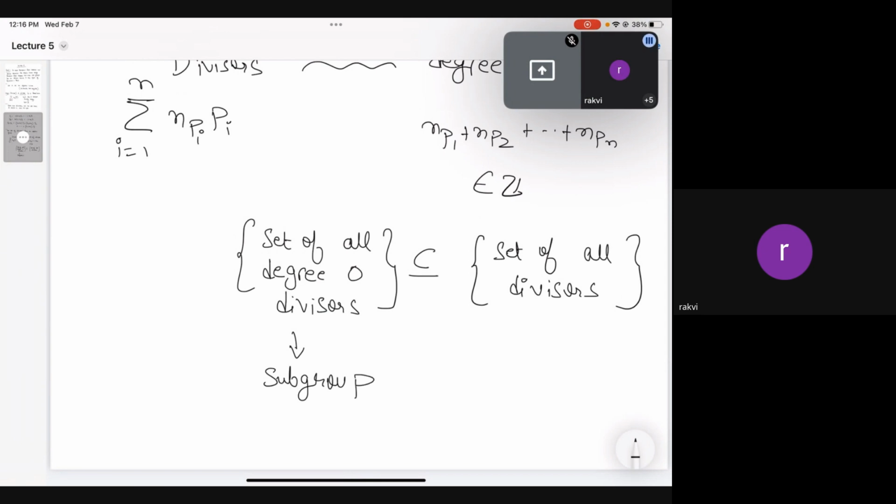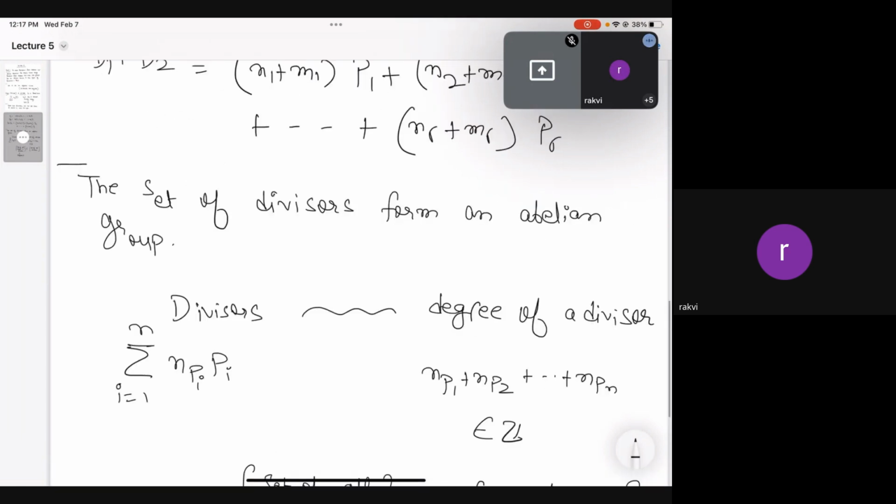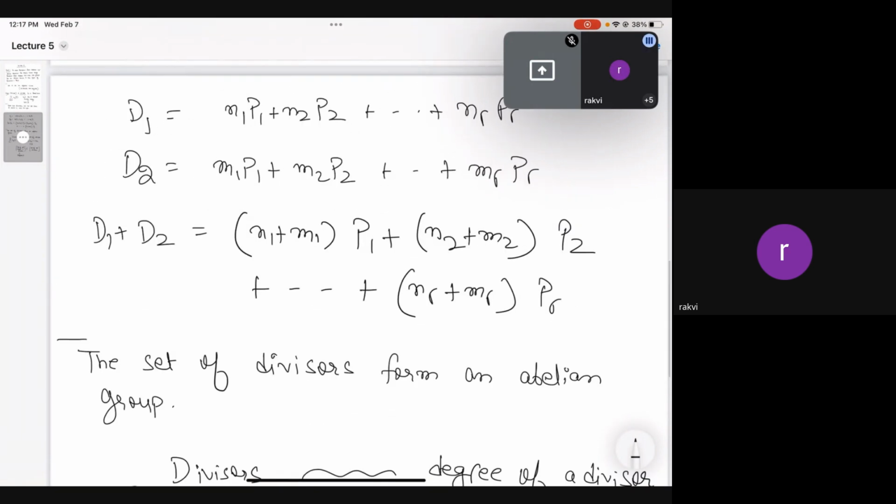To check if something is a subgroup, all we need to check is whether it is closed under the operation and it contains 0 and inverses. So if I take two degree 0 divisors and add them, let's go back to how we add: we add coefficient-wise.